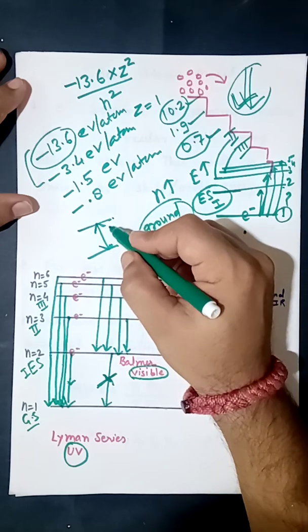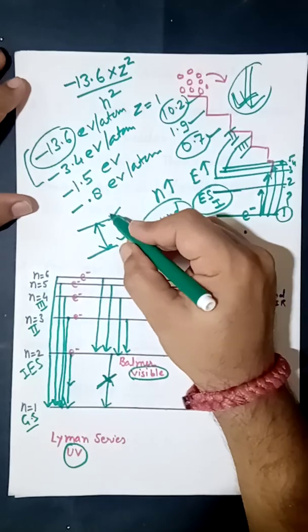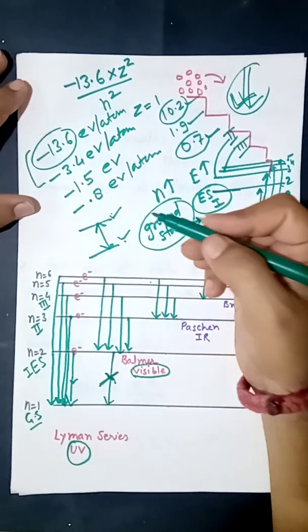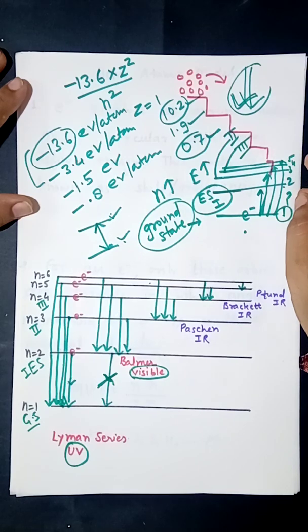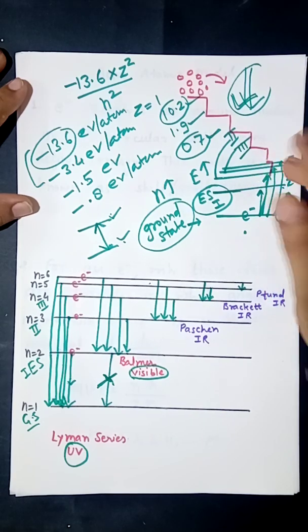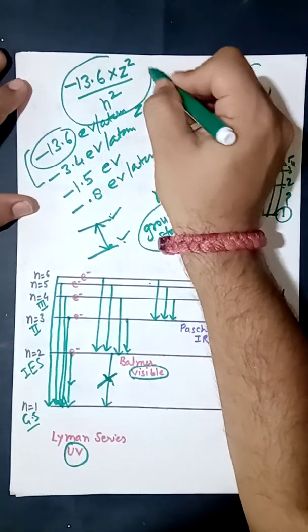The energy depends on the difference between two shells, and therefore these radiations have a definite amount of energy. Now look at this formula once again.